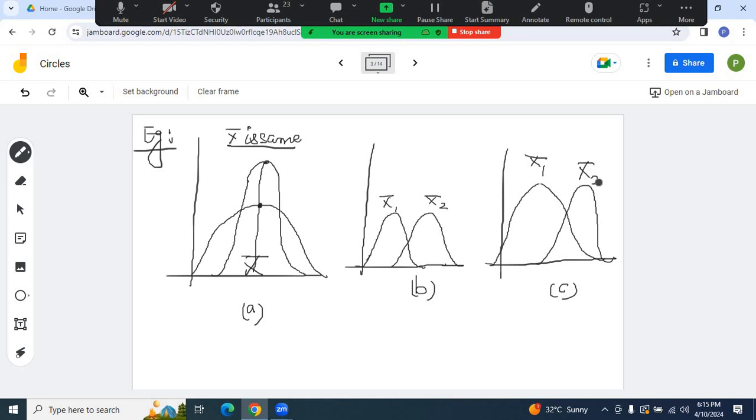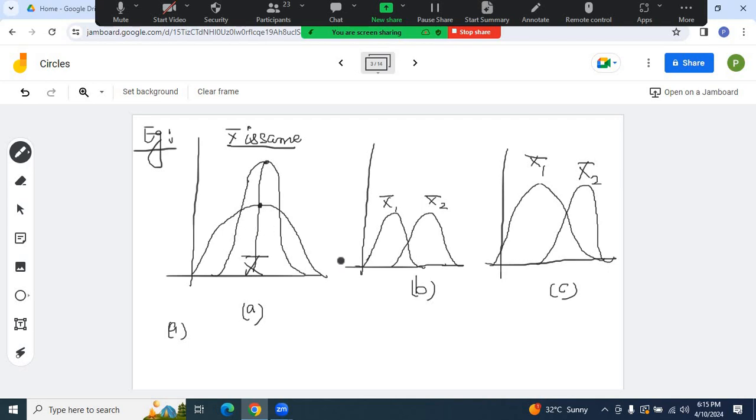Now what is the observation from A, B and C? A represents 2 distributions having the same mean, clearly seen in the A part, but the dispersion, the variation, the spread is different, because this is the distribution of the first series and this is the spread of the second series. Though the mean is the same, the spread is different, meaning dispersion is different.